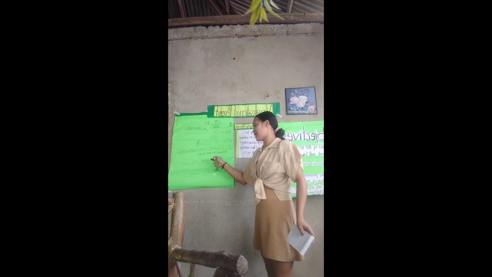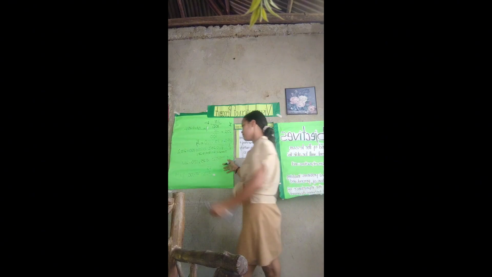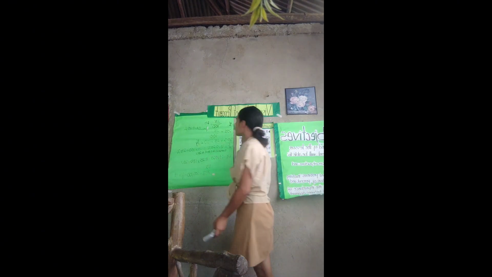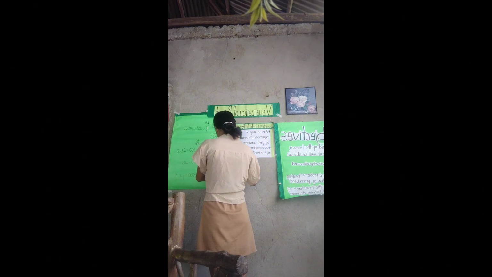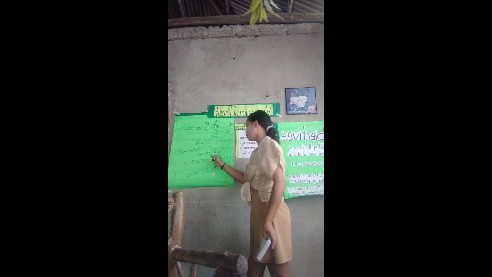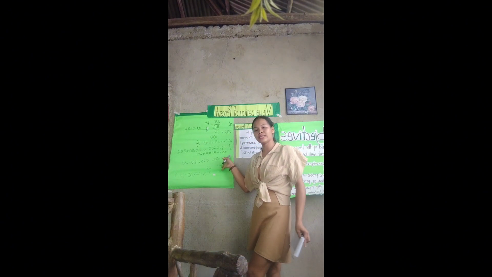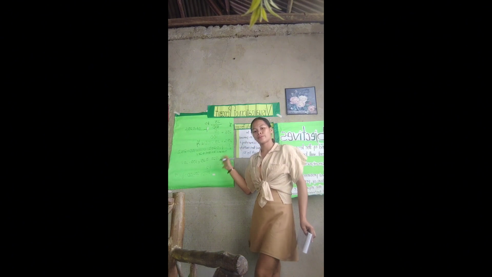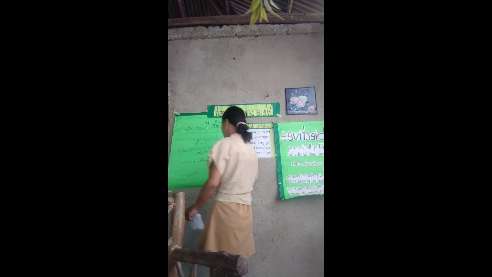And then we need to multiply the 0.25 by 100 to get the percent. So 0.25 times 100 is equal to 25%. That's it.